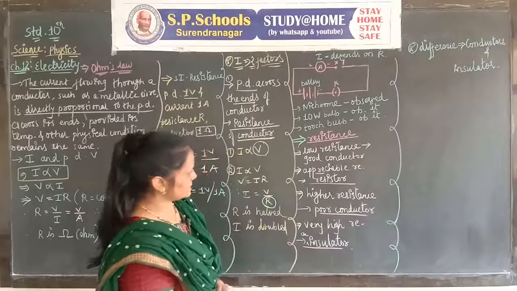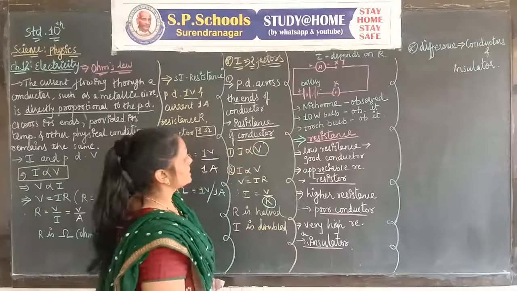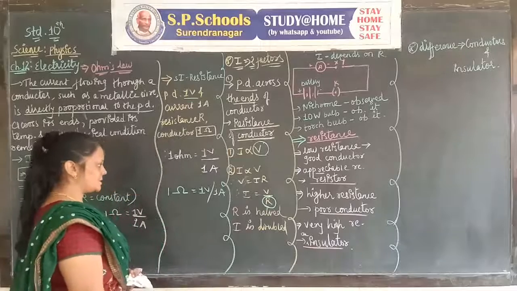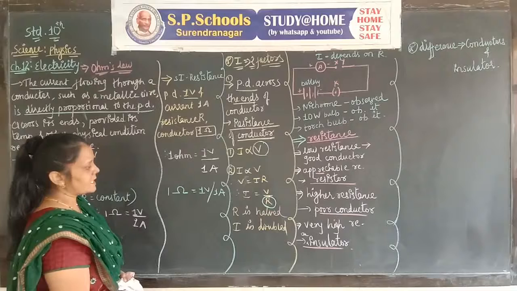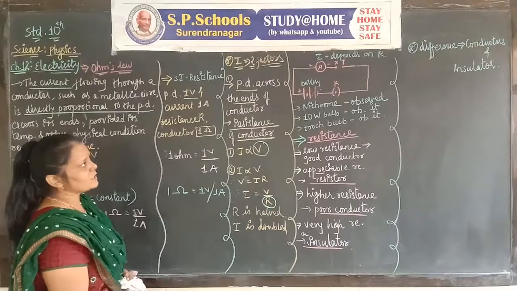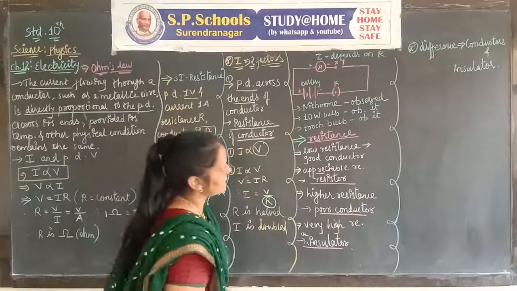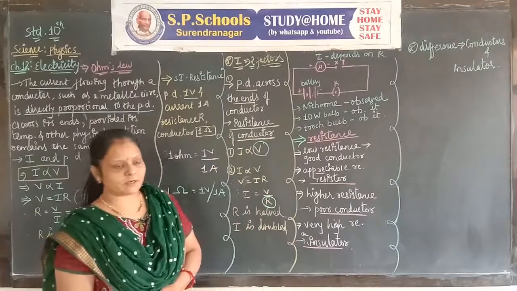Low resistance, good conductor. Appreciable resistance, resistor. Higher resistance, poor conductor. Very high resistance, insulator. Let's see the difference between conductor and insulator. We already know about the conductor.